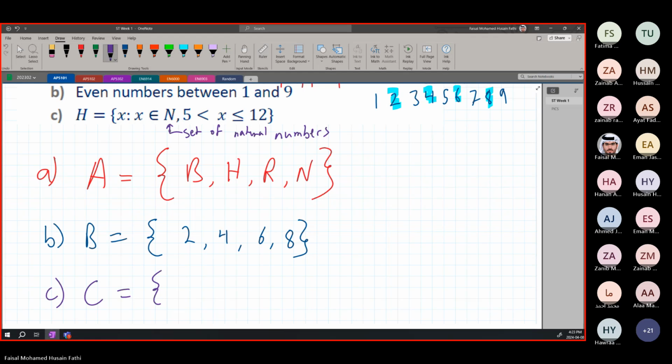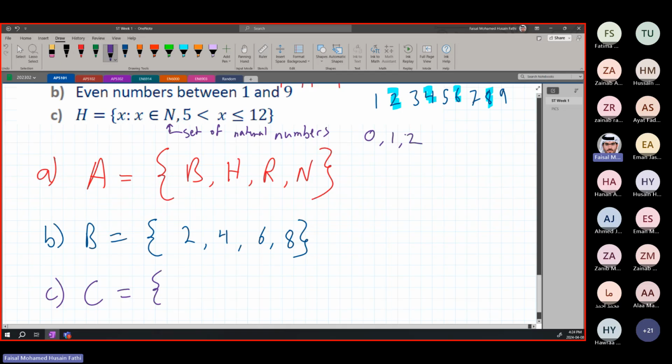They have to not be decimals, so they're basically the same as integers. They're going to be 0, 1, 2, 3. They can be any number like that as long as it doesn't have a decimal point. That's what a natural number is.